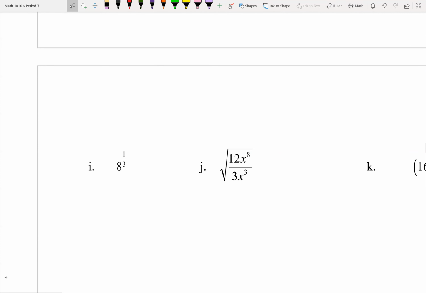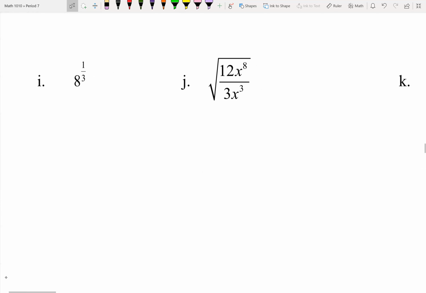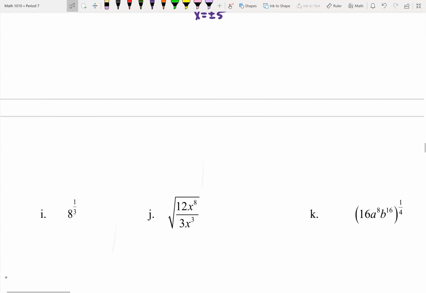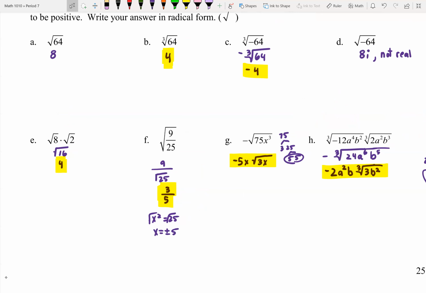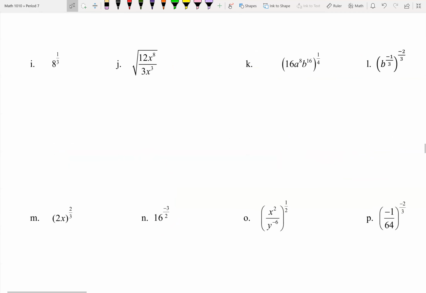Okay. Question I. Everybody freeze right here and look at question I. Question I looks different. Look at the 8 problems that we just did. Look what they have. And look what I doesn't have. The square root.